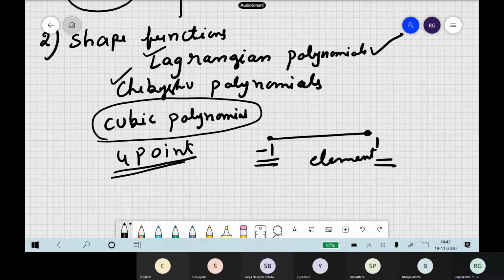I can take these points equidistant also, for example dividing -1 to 1 into equal units. I can do it in several ways actually.